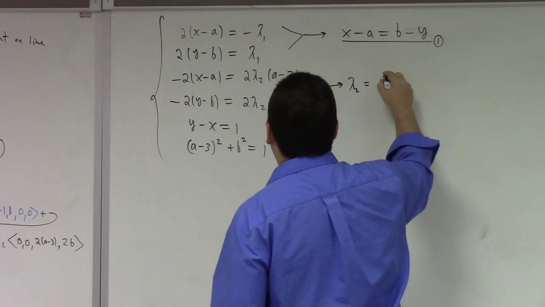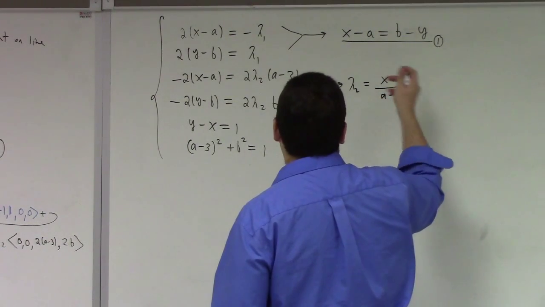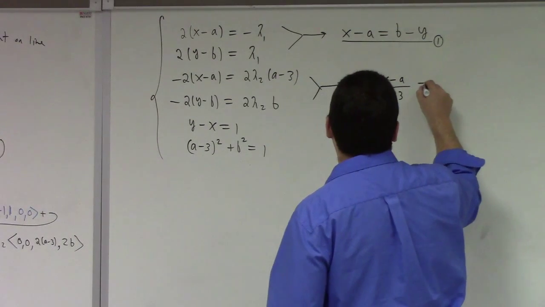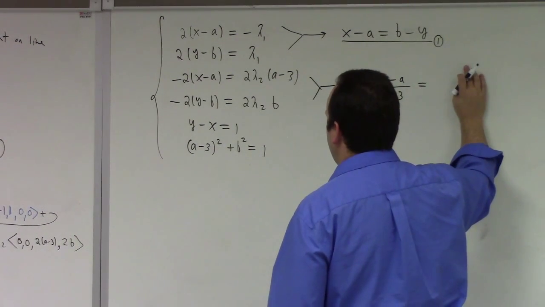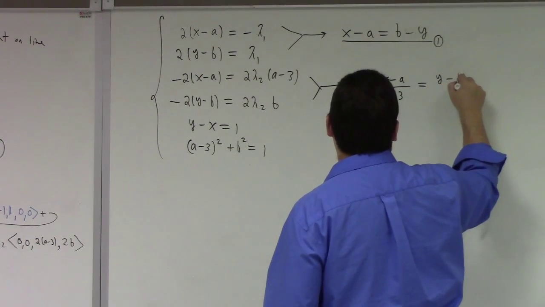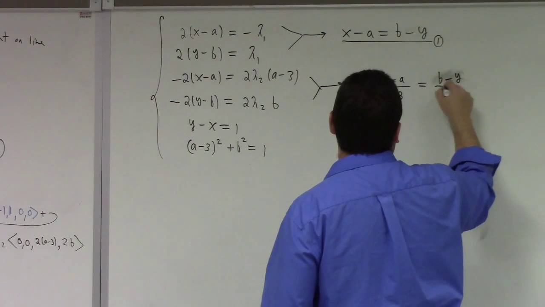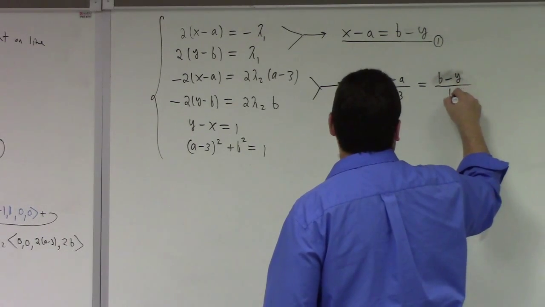So lambda 2 is, on the one hand, x minus a over a minus 3. And that's equal to what? Oh, thank you. I keep forgetting that minus. b minus y over b.